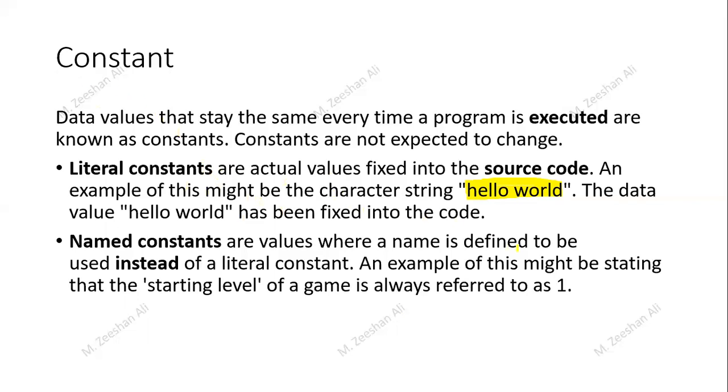Let's discuss the second type of constant first. The second type is a named constant, in which we can give a name to the value. Now it will be clearer to you.